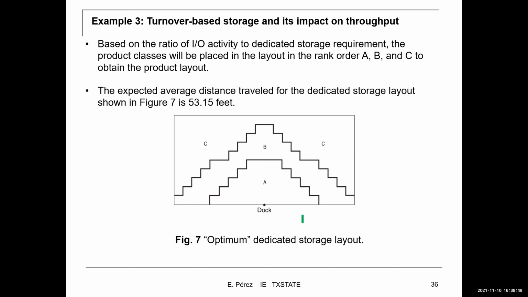The expected average distance traveled for the dedicated storage layout shown in figure 7 is 53.15. So you see, we are basically separating this area for product type A, this area for product type B, and this area for product type C. C has the maximum space, but since it is moving at the lower rate, we can place it at the back of the warehouse.